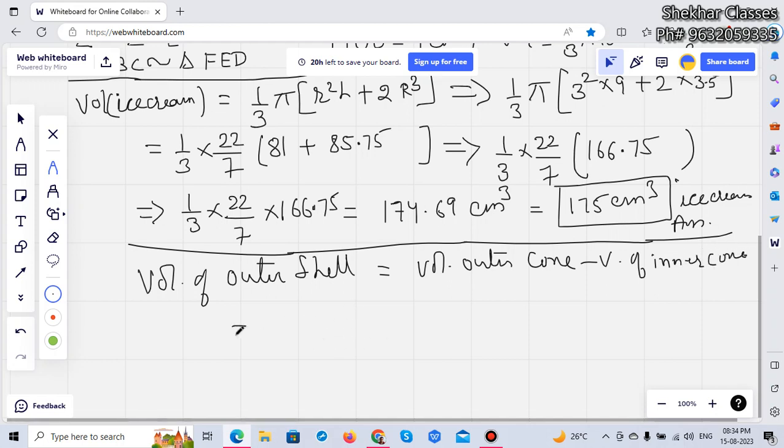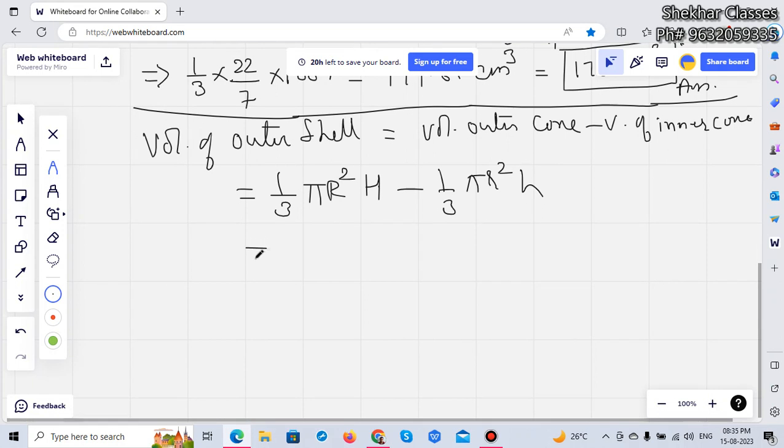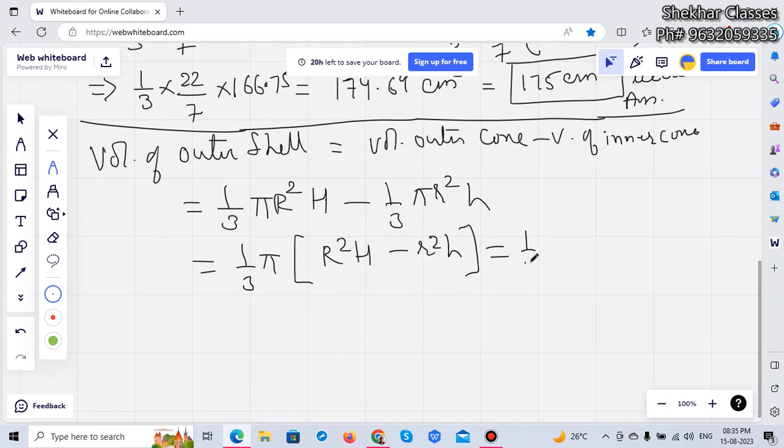Now what is the volume of outer cone? 1/3 pi capital R square and capital H minus 1/3 pi small r square and small h, right? So I can take 1/3, I can take pi common. What is left? R square h minus r square small h. So we can put the value in it. It will be 1/3 into 22/7.